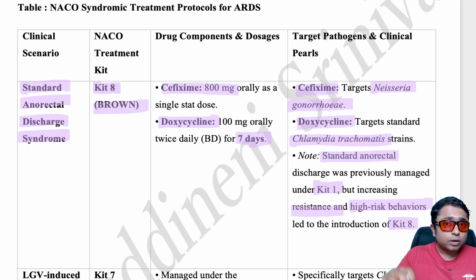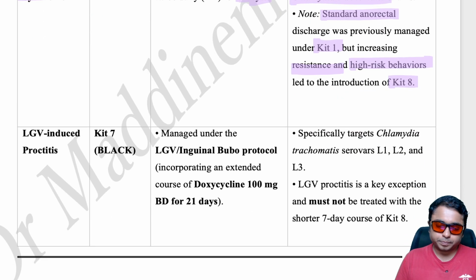But because this anorectal discharge syndrome is very difficult to treat and also there is resistance and also high risk sexual behaviors are there nowadays which are rampant in the population. So we are going to give the doxycycline, though it is going to be taken twice daily for 1 week. Yes, definitely difficult compliance compared to the kit number 1, but still this needs proper treatment. That's why this kit has been introduced.